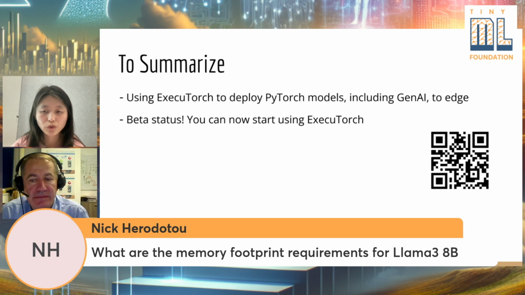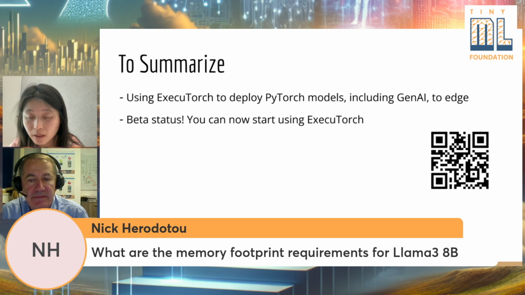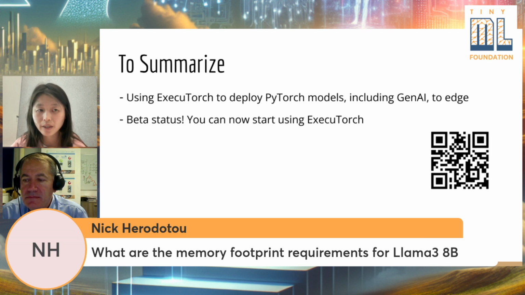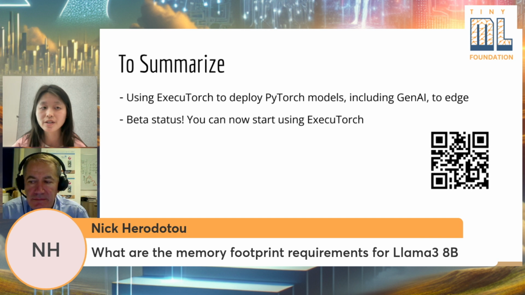For the footprint, I think in the GIF we actually have it. I don't have the exact number, but what I can say is the model size in total is less than 4 gigabytes, because we can run it on iOS, and on iOS the app will be killed if it's over 6 gigabytes.